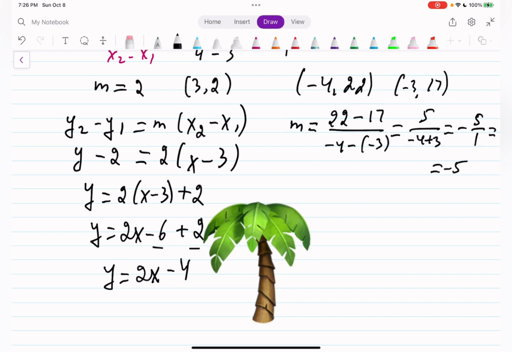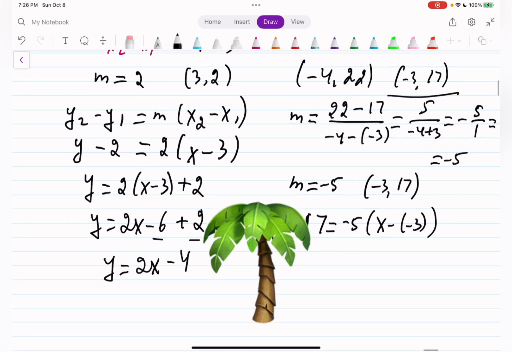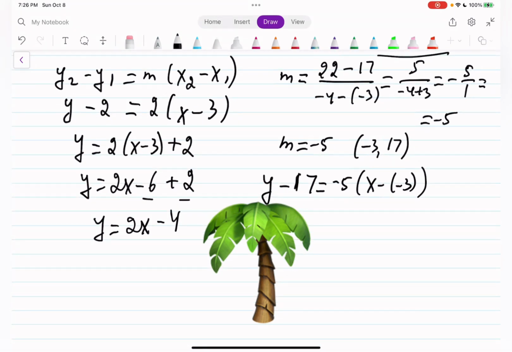And I'm choosing this point to work with. m is equal to negative 5, and I have negative 3 and 17. So y minus 17 is equal to negative 5 times x minus negative 3, which means y is equal to negative 5 times x plus 3, plus 17.